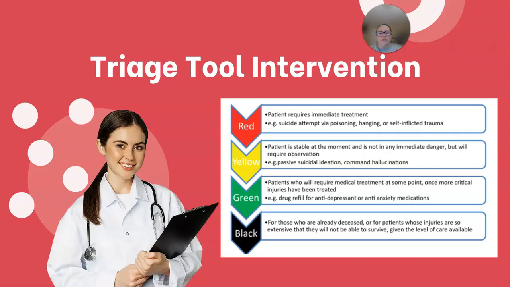Yellow is that the patient is stable at the moment and is not in immediate danger, but that can change, and so they will require observation. Green, this is what we consider a walkie-talkie. So they don't need immediate attention, or it's not an urgent situation to where they need immediate care.